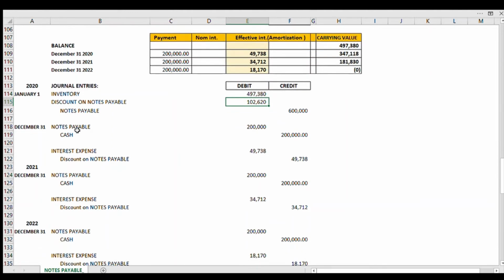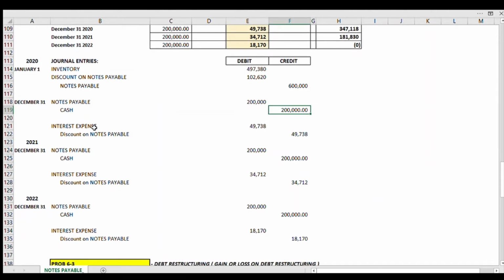On December 31st, for the first year, the amortization, that is also the payment for the notes payable: debit to notes payable 200,000, credit to cash 200,000, and interest expense debit for the amortization, and the discount on notes payable.